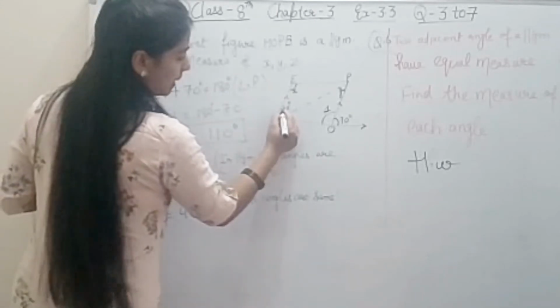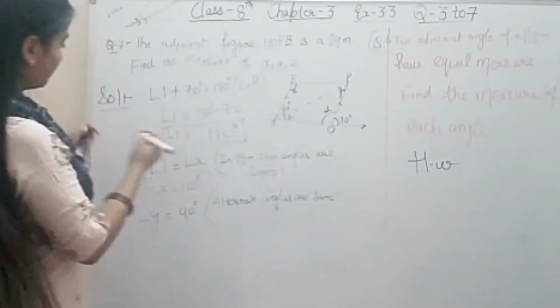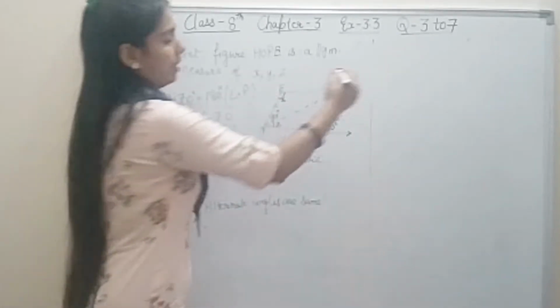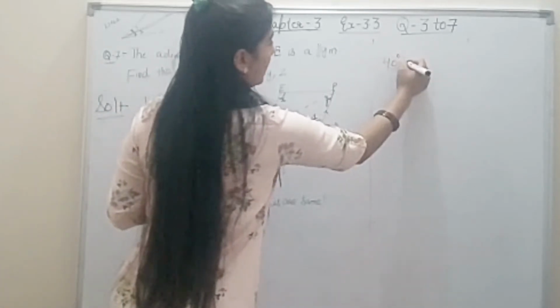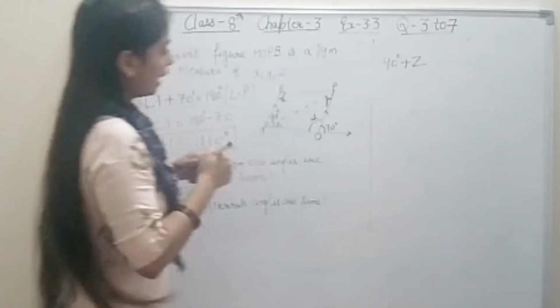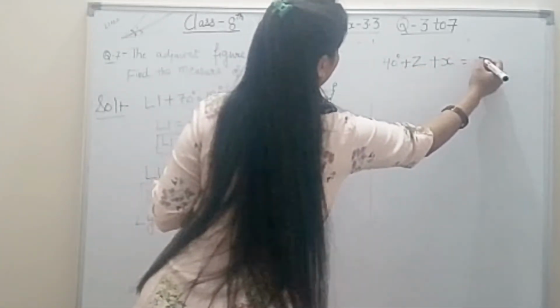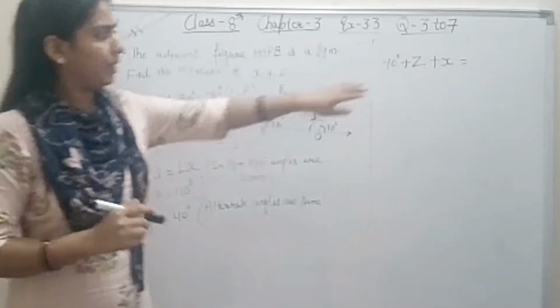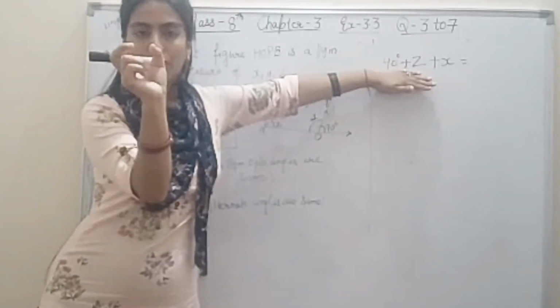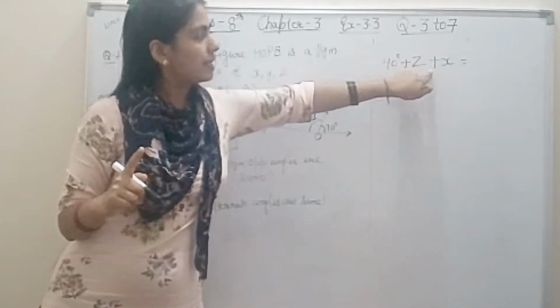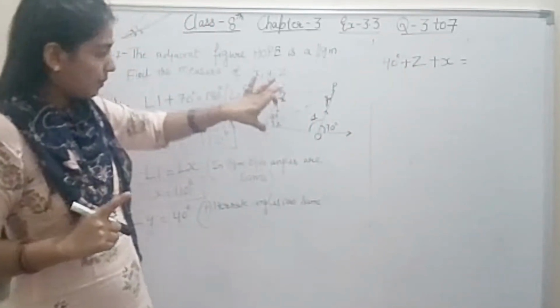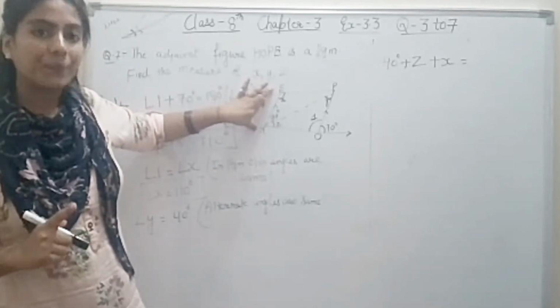This is the parallelogram, this angle is h, meaning angle h is 40 degree plus z, and angle e is plus x. Why have I done plus x? 40 degree plus z is one angle, both combined, plus angle x. Why? They both are adjacent, right?